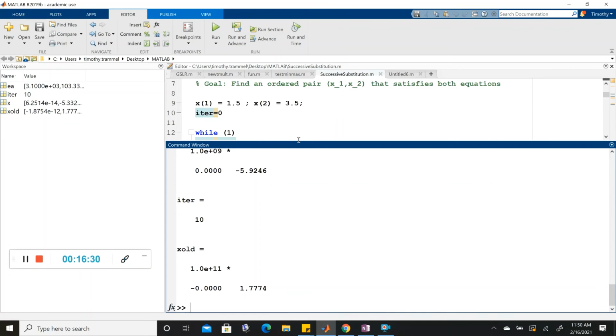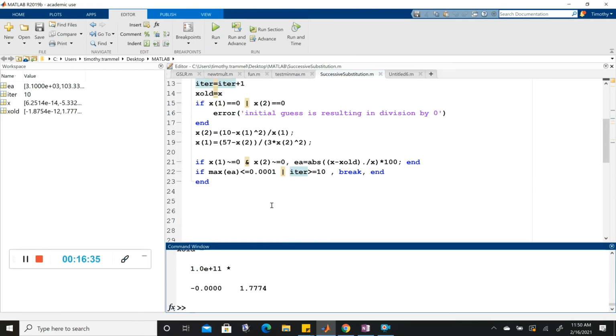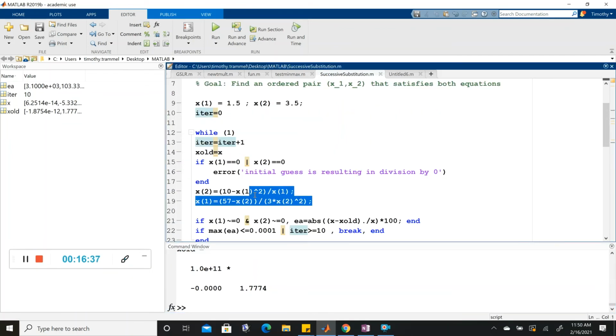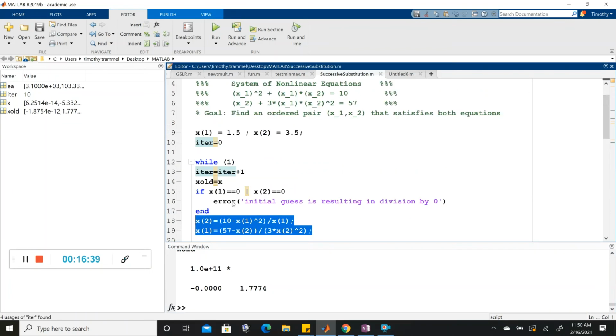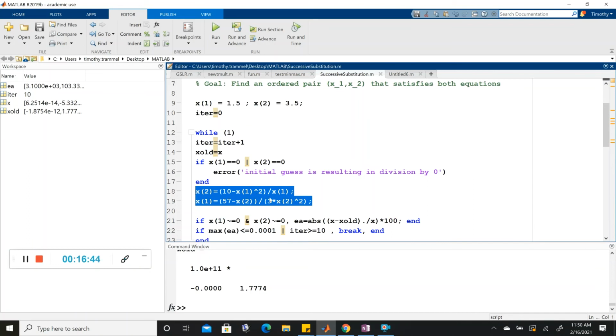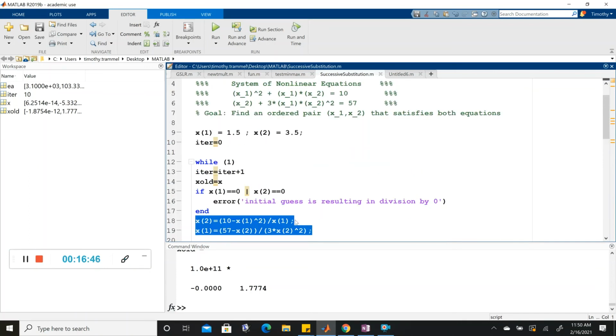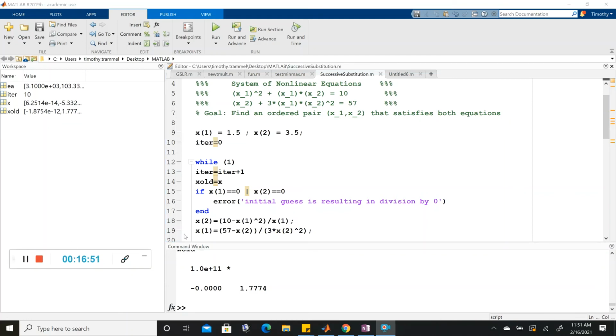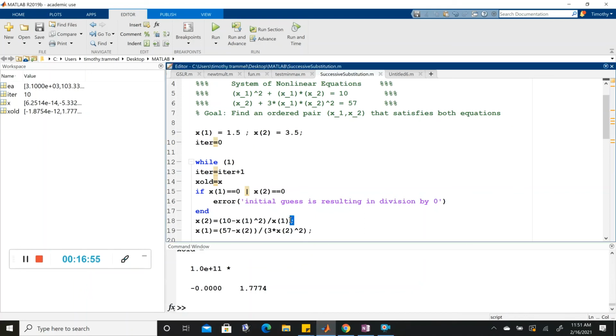So just like when we were doing the Gauss-Seidel method with linear systems, sometimes it's helpful to rewrite these equations here. And so that's what we're going to do. We're going to resolve, but we're going to solve for these in a slightly different manner. In the first equation we actually solved for x2 because that was easier, but let's try and solve for x1 in the first equation, and the second one we'll solve for x2.